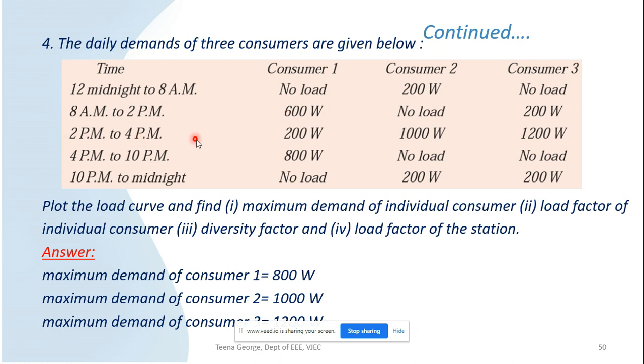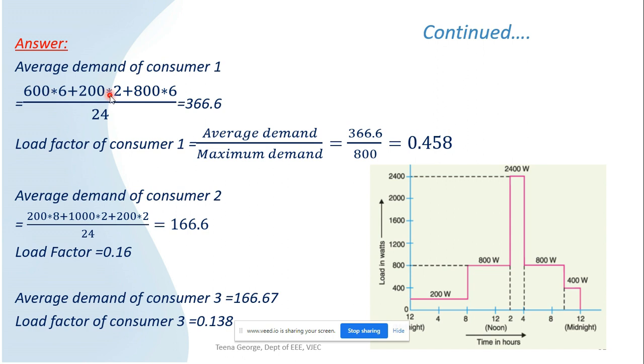Then 2 to 4, 2 hours, 200 into 2. 4 to 10 is again 6 hours, 800 into 6. Plus 10 p.m. to 12, 2 into 0. So 600 into 6 plus 200 into 2 plus 800 into 6 is the total energy per day for consumer 1, divided by 24.